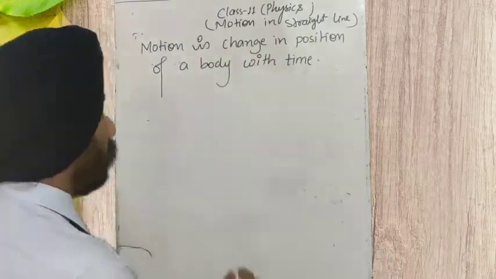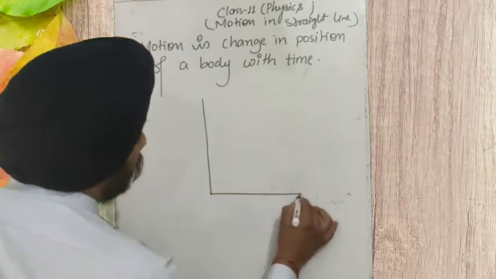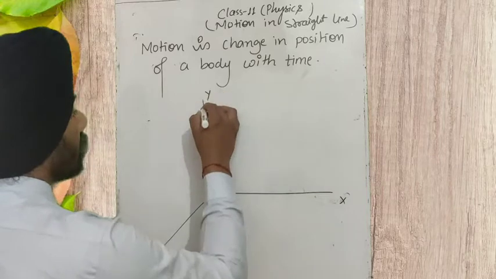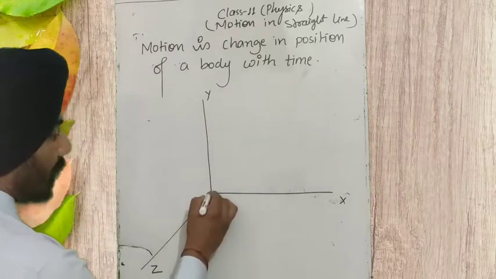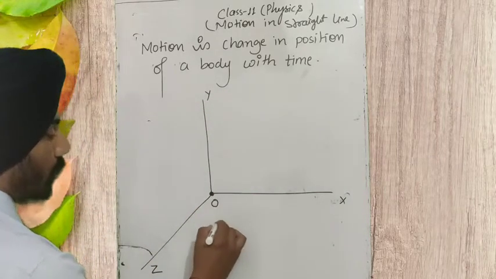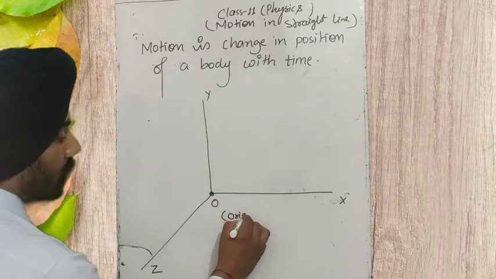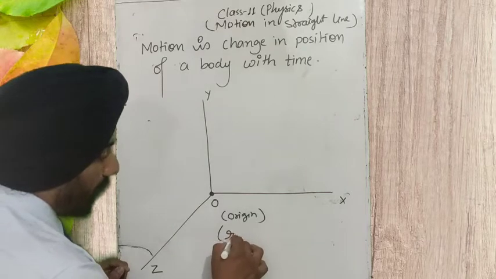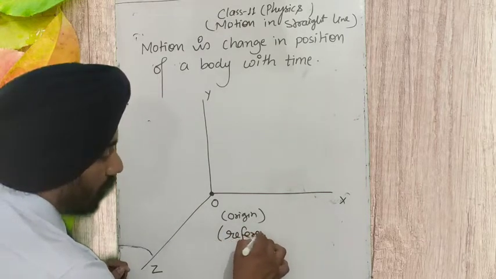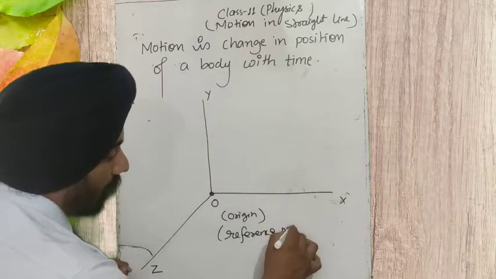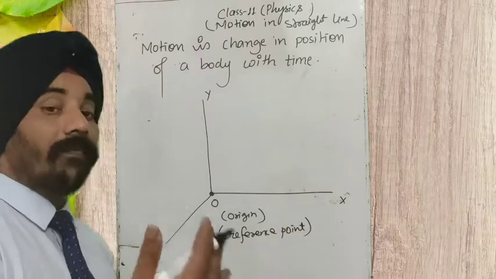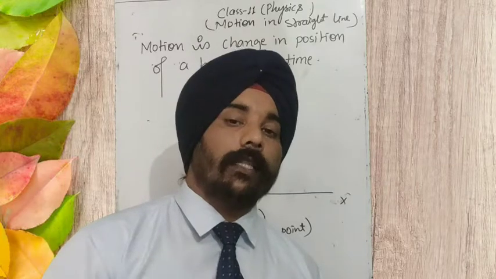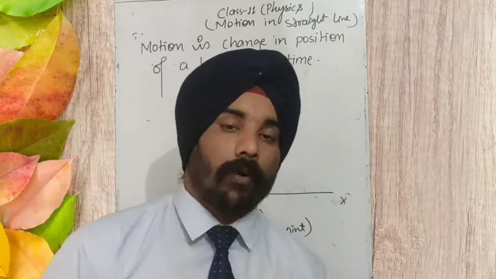Here we have the x axis, y axis and z axis, and this is the point O, which we call the origin. The reference point is the fixed point according to which we are going to define the position of any body.